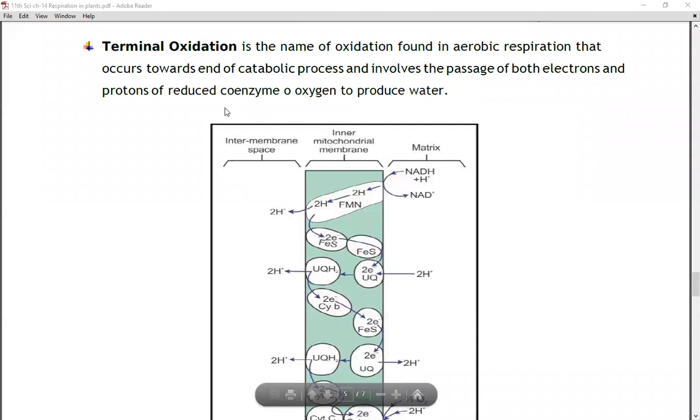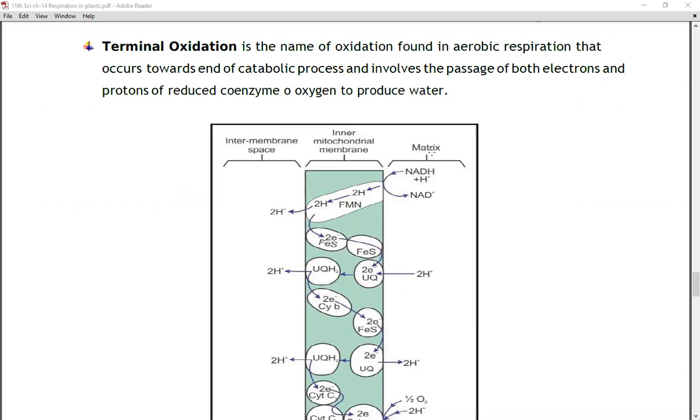You can see it over here. Then there is the inner mitochondrial membrane, and inside the mitochondria there is the matrix region.